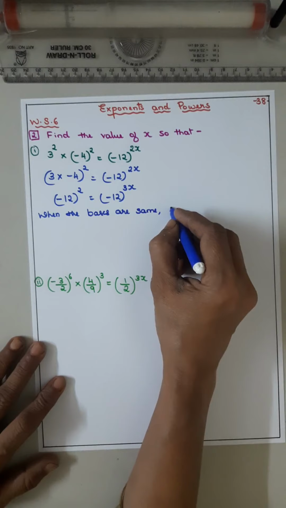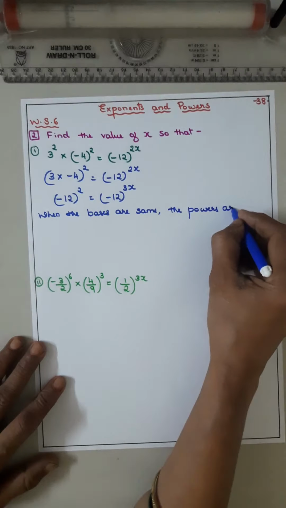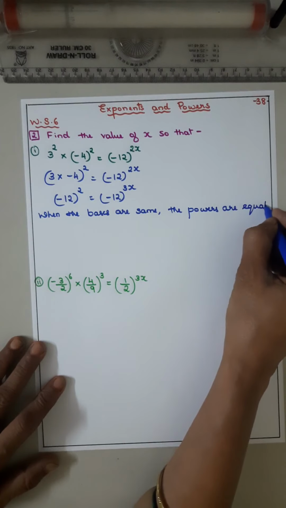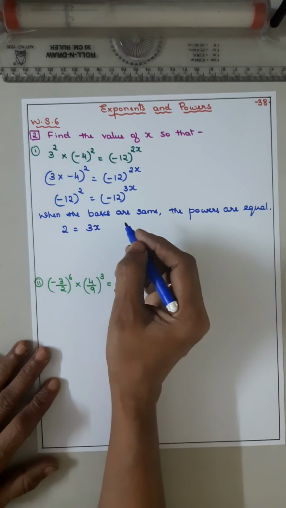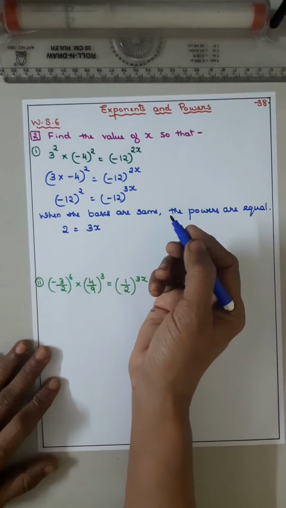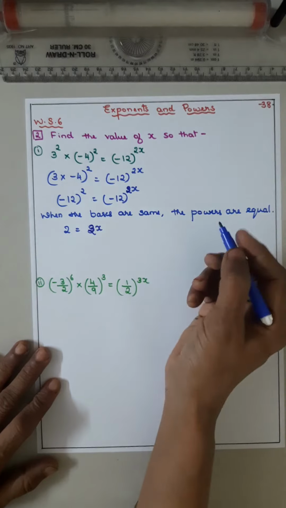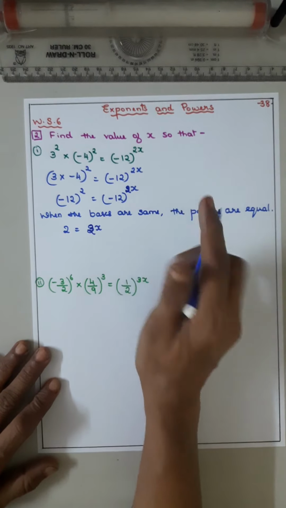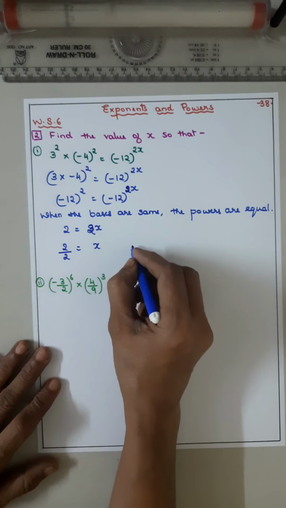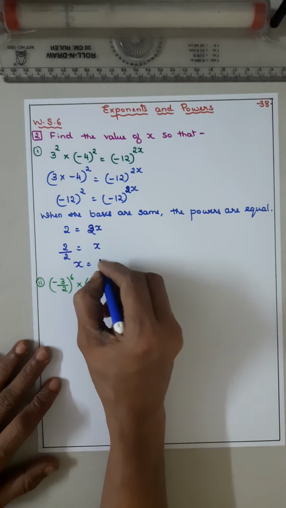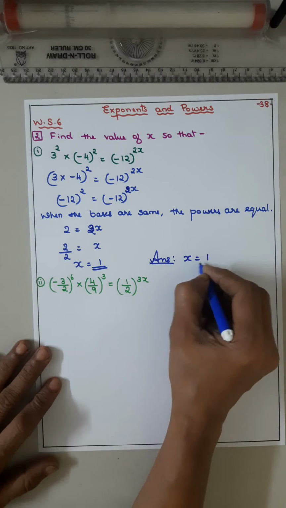Now 2 is equal to 2x. So x is equal to 2 by 2. Therefore, x is equal to 1. Answer, x is equal to 1.